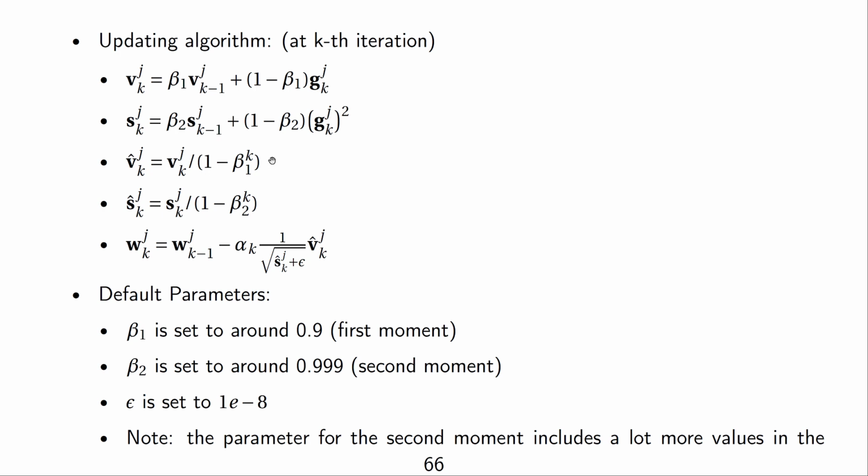These next two equations should also look familiar because these are the equations to do the bias correction term that's especially important in the beginning. So the correction term was 1 divided by 1 minus beta to the power of k, so we see the same correction term for both. Of course, each of these correction terms has the appropriate beta in it. One very important part about this correction term is the following.